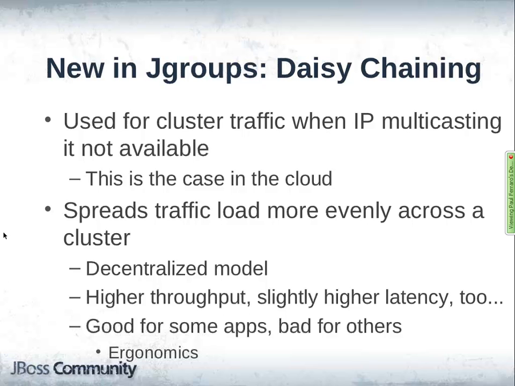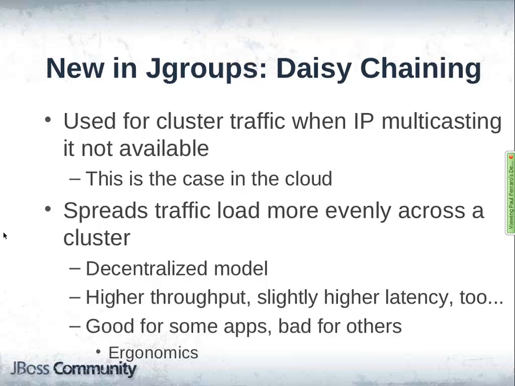The problem with TCP, though, is that when you want to send a message to 10 nodes, you have to send the message to the first node, to the second node, to the third node, so you have to send it 9 times. Whereas with IP multicasting, you just send it once. So that's not very scalable.